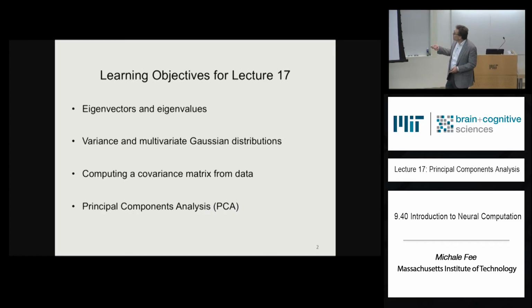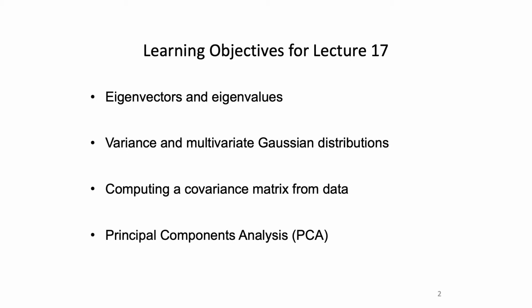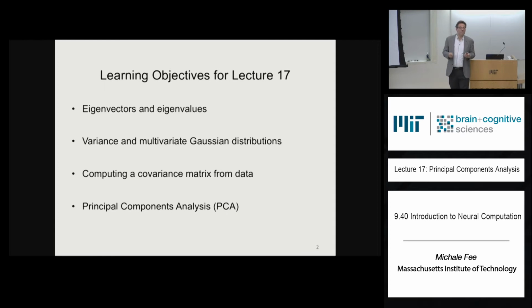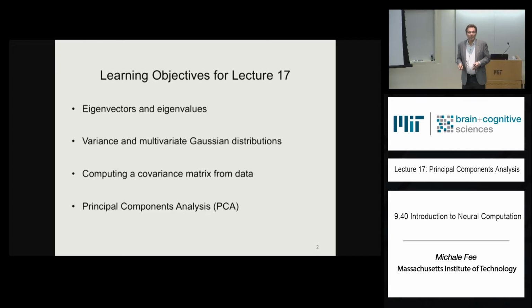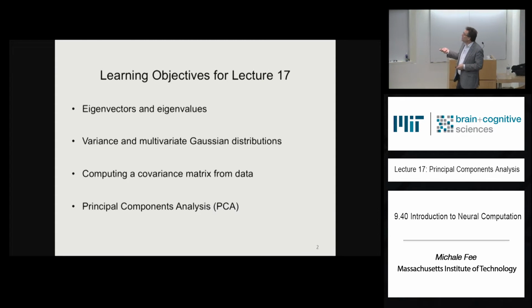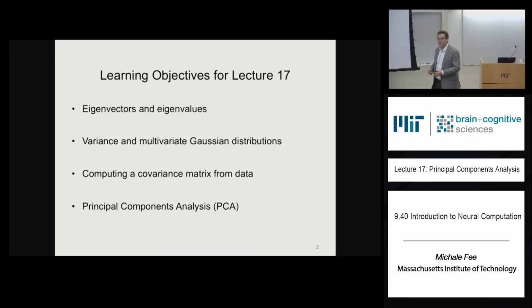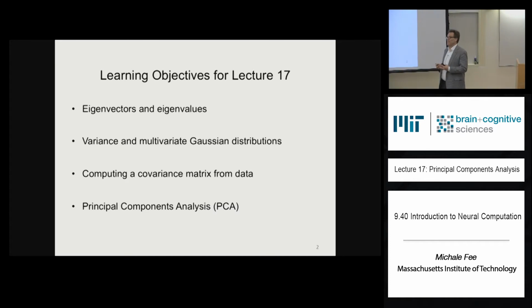So along the way, we're going to talk a little bit more about variance. We're going to extend the notion of variance that we're all familiar with in one dimension, like the width of a Gaussian or the width of a distribution of data, to the case of multivariate Gaussian distributions, which is basically the same thing as high-dimensional data.